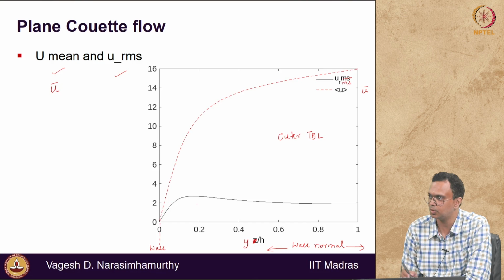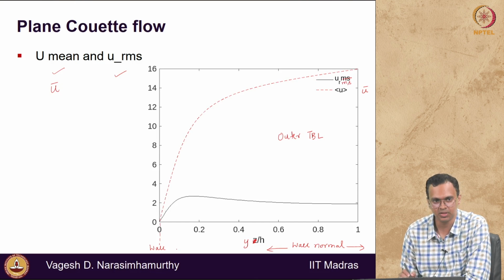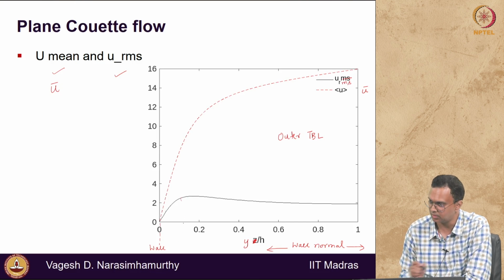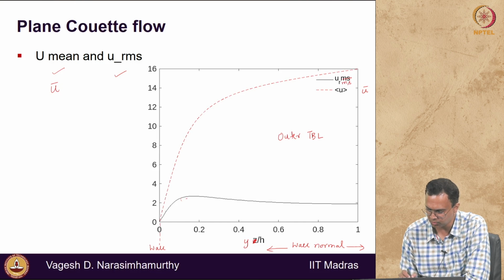But I now come to a zone where eta w is important, the inner velocity, inner length scale, right? So let's say I come closer here, at a distance of 0.1 or so, then this is about 2.